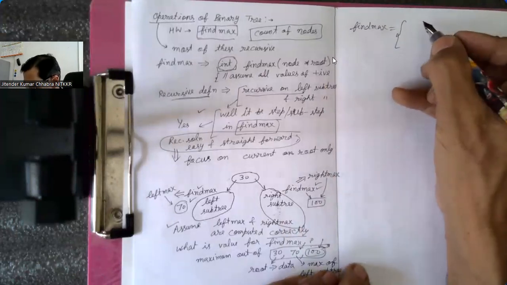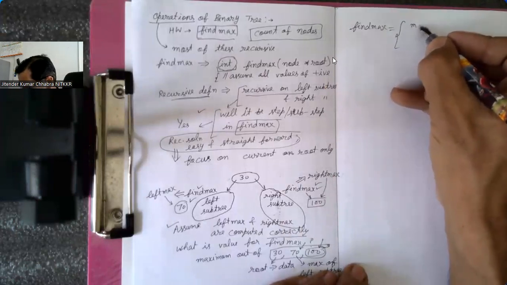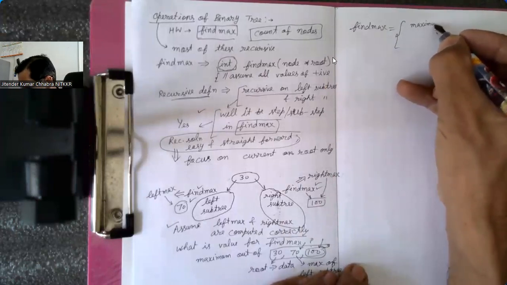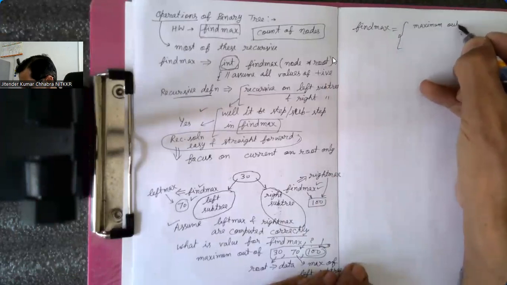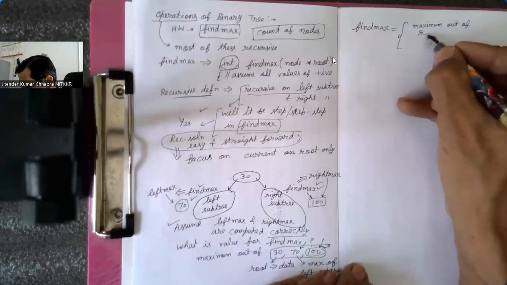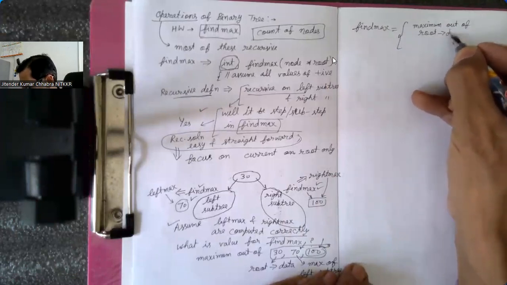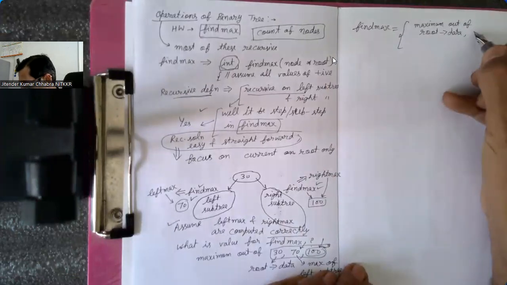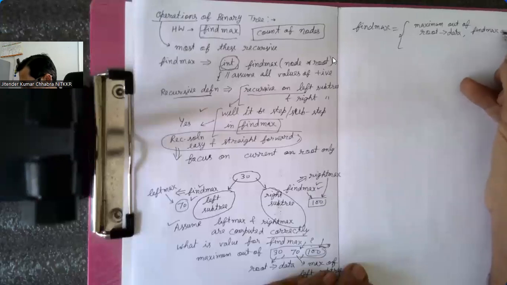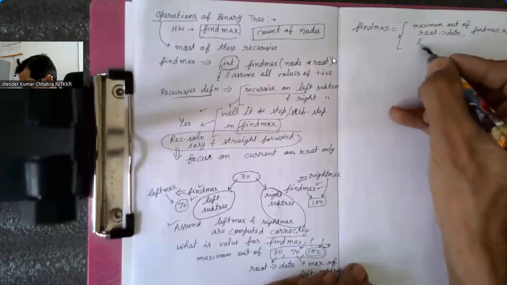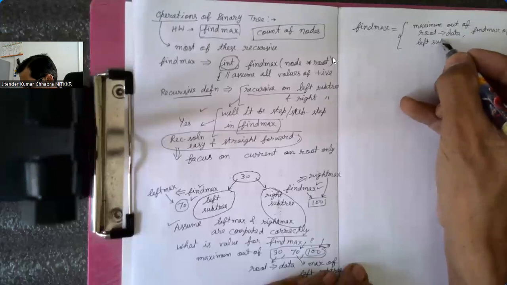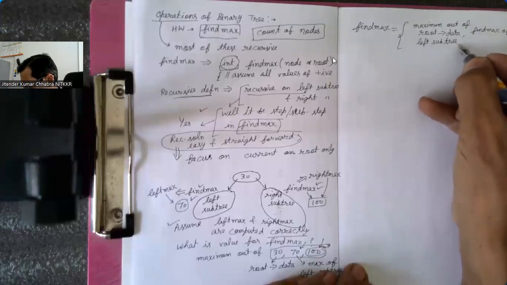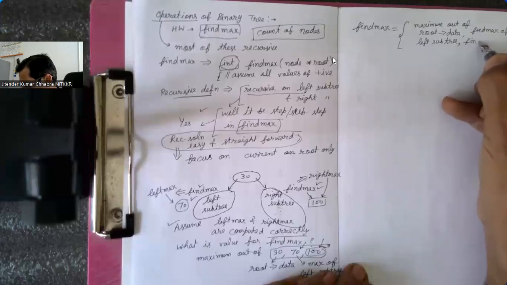If the tree exists, it is effectively the maximum out of what? Root arrow data, out of find max on the left side, and find max of right subtree.